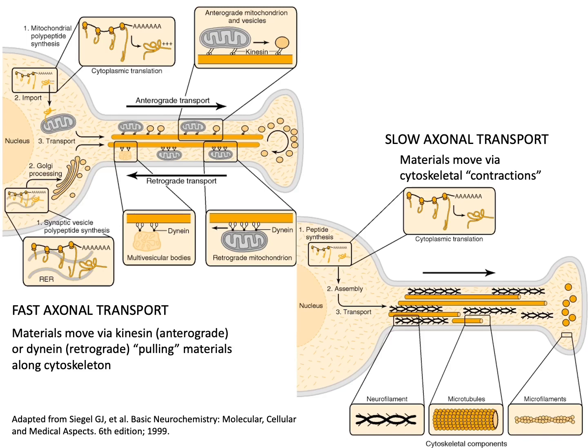I'll show you a crude animation of that here in a second, in which the kinesin molecule will take material antegrade, that is away from the soma towards the axon terminals, whereas the dynein will move things retrograde, that is from the terminals back to the soma. This is less reliant upon the building of the cytoskeletal proteins and more reliant upon ATP availability and the motor protein availability.